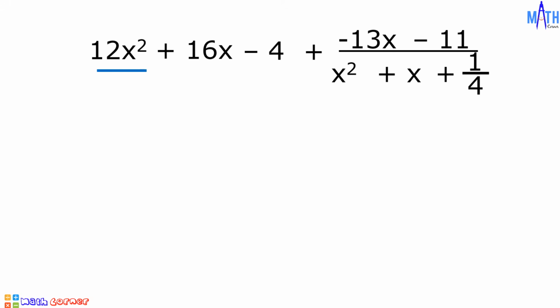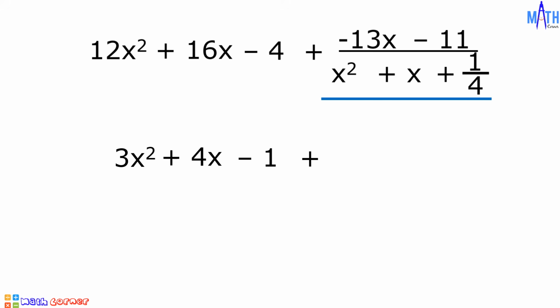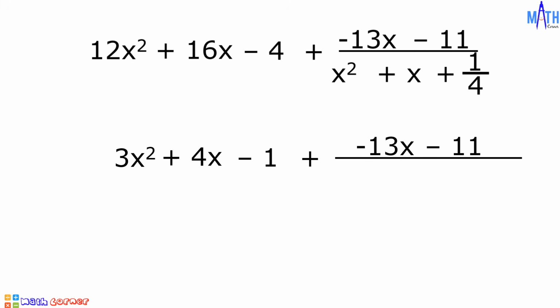12x squared divided by 4 is equal to 3x squared. 16x divided by 4 is equal to 4x. Negative 4 divided by 4 is equal to negative 1. And we have negative 13x minus 11 over x squared plus x plus 1/4 divided by 4 is equal to negative 13x minus 11 over 4 times quantity x squared plus x plus 1/4.